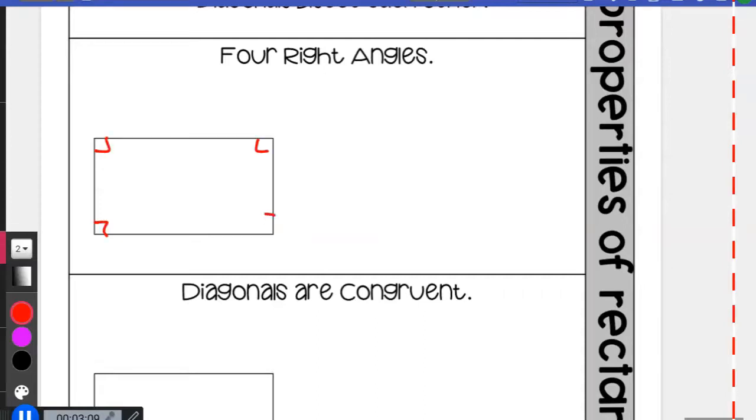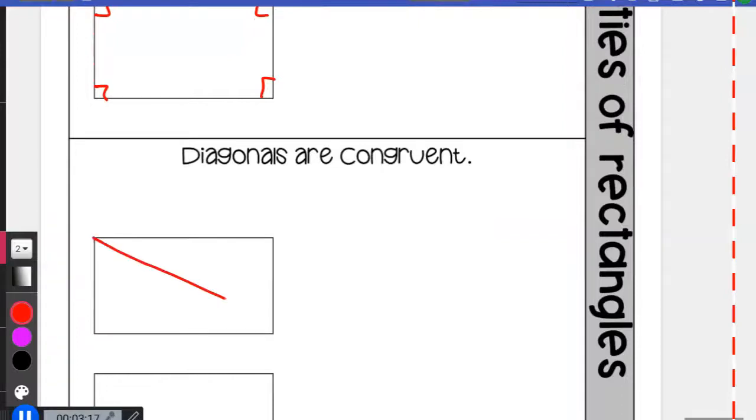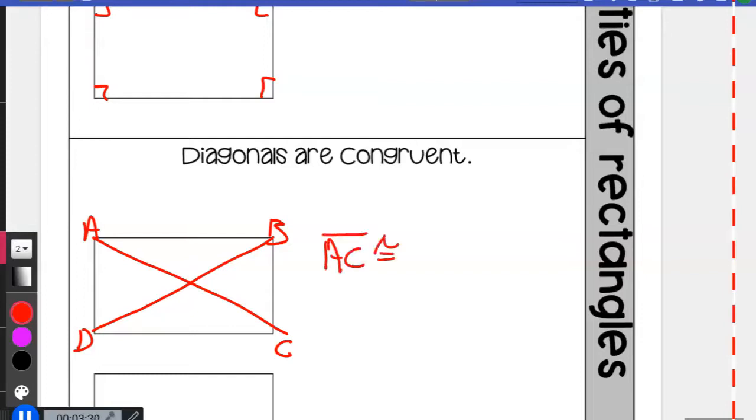So opposite angles are still congruent, and consecutive angles still add up to 180 because everything is a 90. The diagonals not only bisect each other, but they are congruent to each other. So I'm going to label this, because once you've got intersecting diagonals, it's kind of hard to see. So AC is congruent to BD, plus they're bisected.